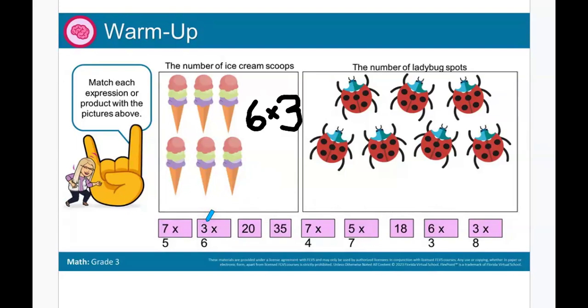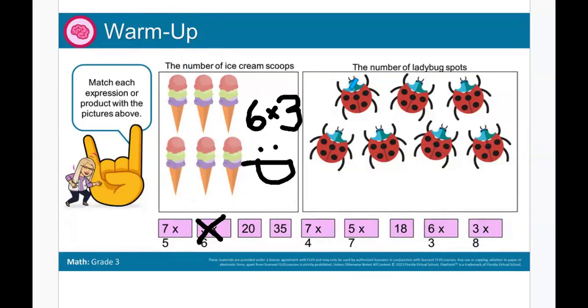This is saying 3 groups of the number 6, which would mean I would have 3 ice cream cones with 6 scoops on top of them. This one does not match. However, over here, 6 groups of the number 3, this one matches. So I know, matchmaker, matchmaker, make me a match.